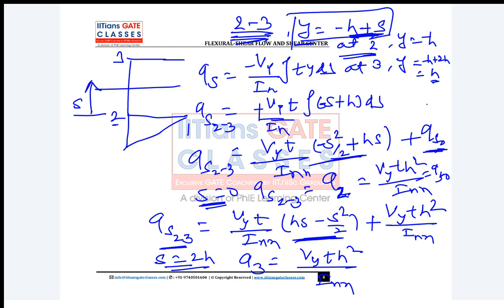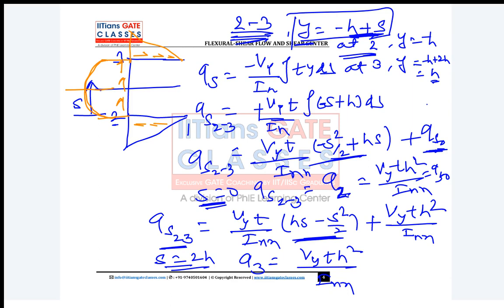So that means if you draw the distribution, it will be parabolic, and maximum value will be at this. So this is the parabolic, and then again it will be linearly 0. So you can see your shear flow flows like this, and it becomes 0.